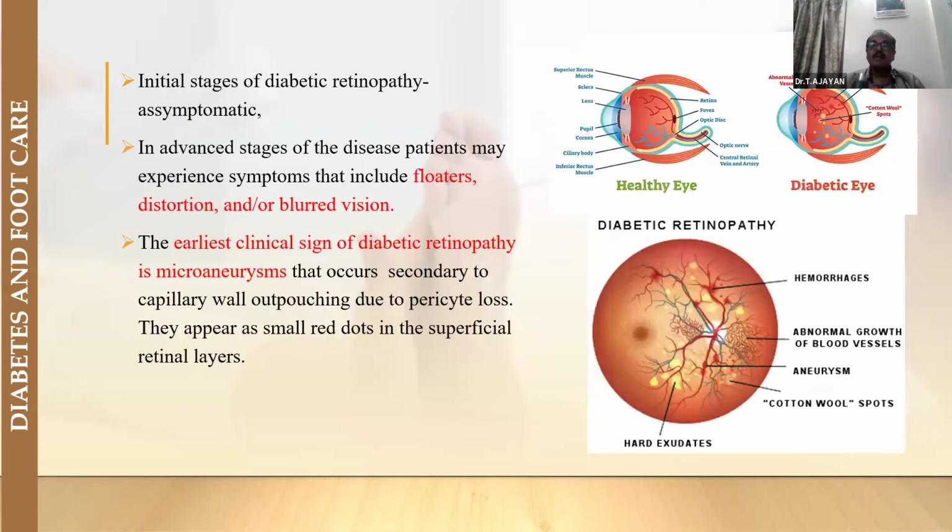This is diabetic retinopathy, which shows contraction of blood vessels along with hemorrhage. The initial stage of diabetic retinopathy is asymptomatic. In the advanced stage of the disease, the patient may experience symptoms like floaters, distortion, and blurred vision. The earliest clinical sign of diabetic retinopathy is the microaneurysm.